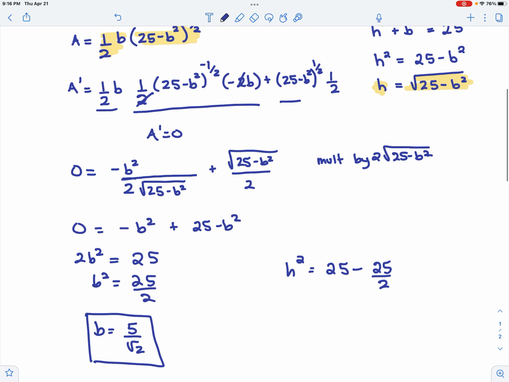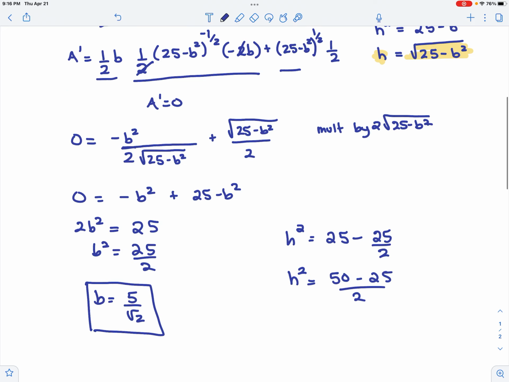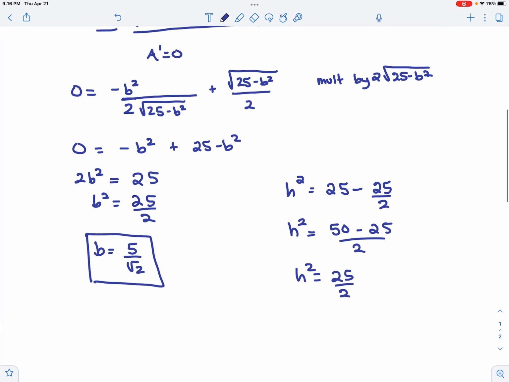It's just easier to solve it as h squared than as h, and then we'll just square root it at the end. So I can get a common denominator here, 50 minus 25 over 2. And so h squared also gives me 25 over 2. And so h is also 5 over root 2.